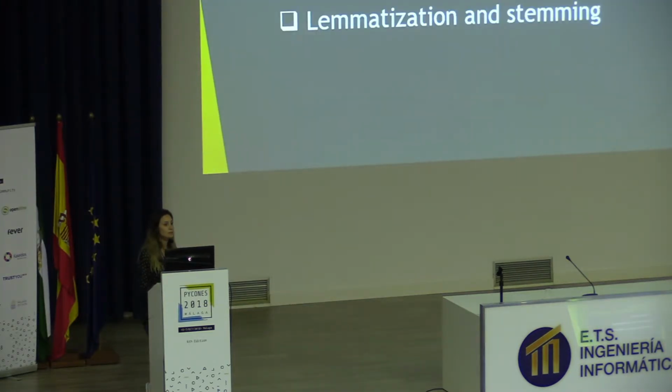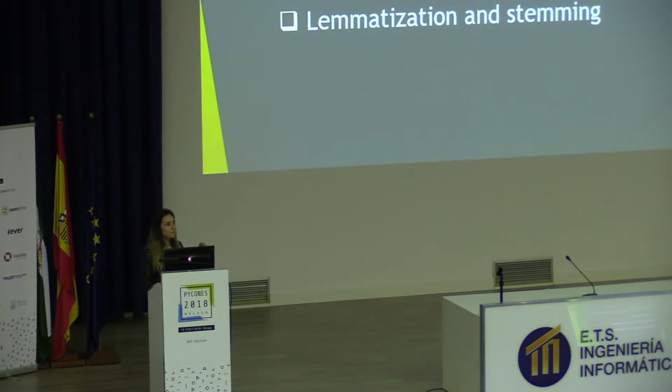So when it comes to preprocessing, which is what I do mostly, you need to take into account what your aim and objective is, because depending on what you are going to do, you need to organize your data in a way or another.